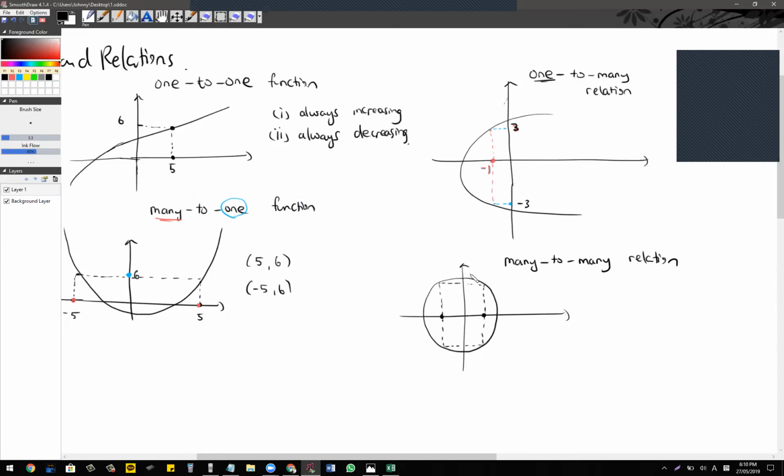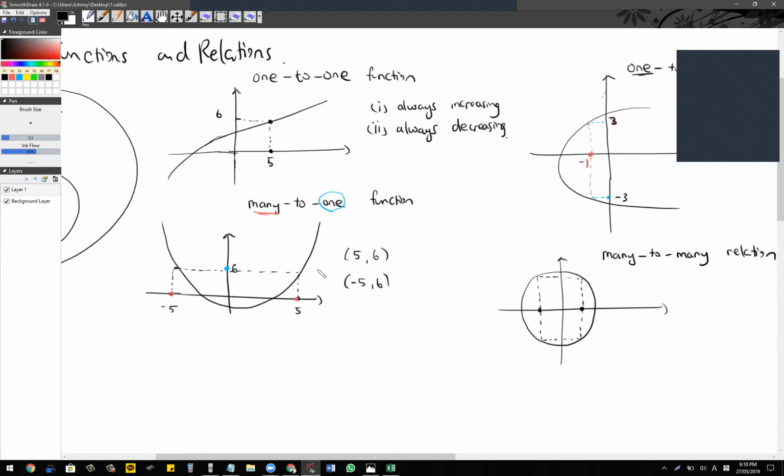So there's a very easy way of checking all of this. There's something called a horizontal line test and vertical line test. I'm going to use this green line as a test. If I just do the horizontal line test, that means I draw many horizontal lines.